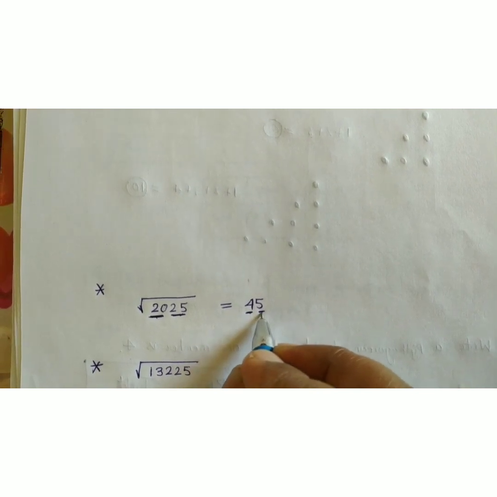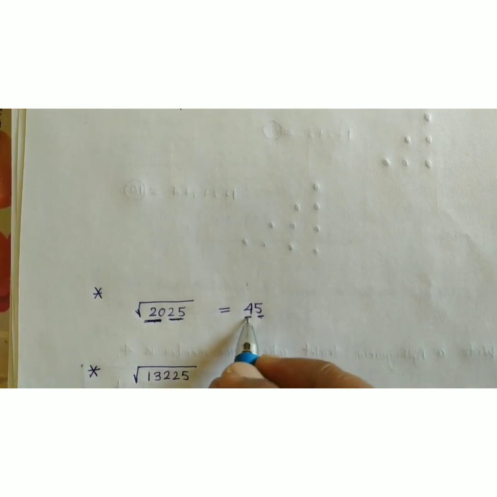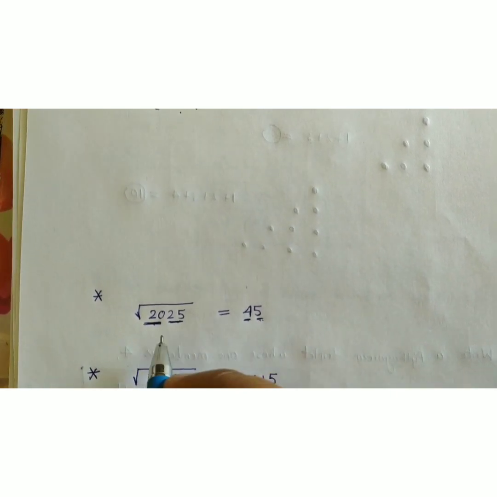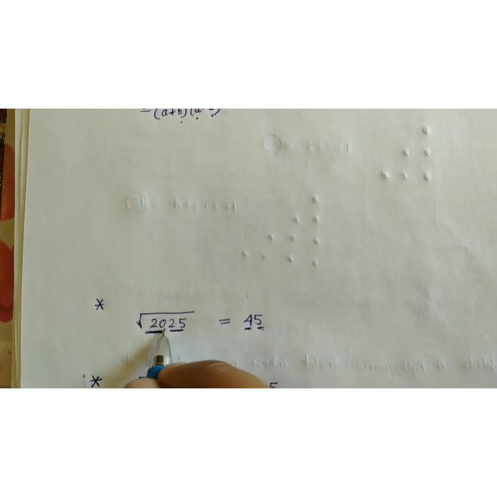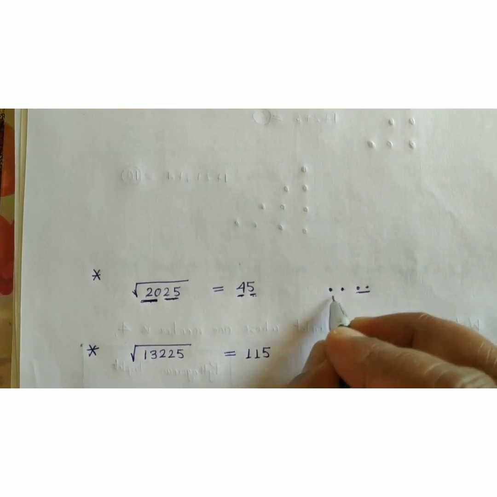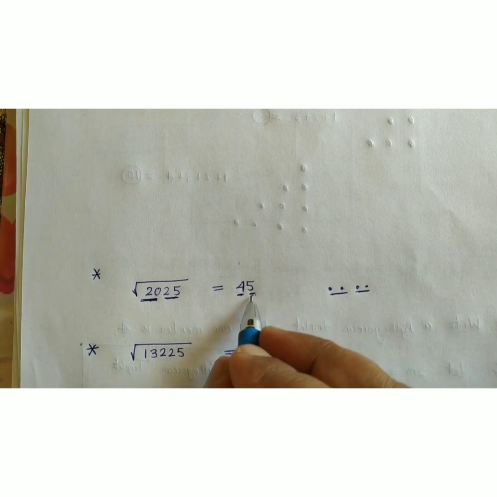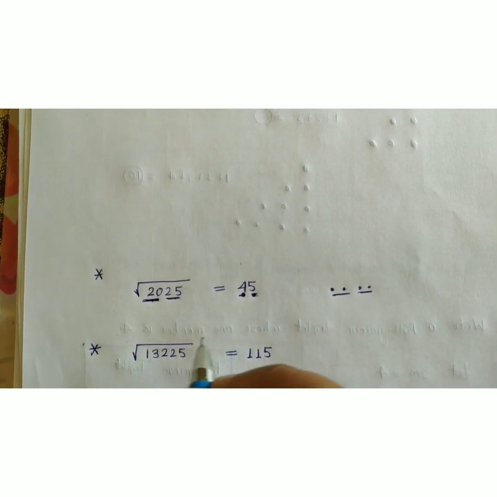Only 2 digits we have. So we can guess the number of digits of the square root. Here number of digits is 4, and through 4 digits we can form two groups. So the number of digits in the square root is 2.